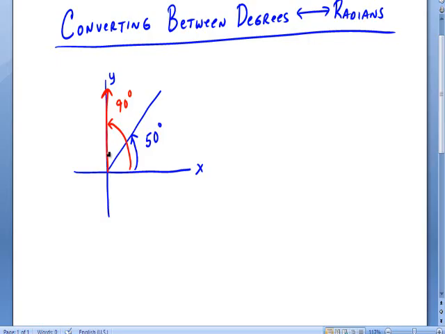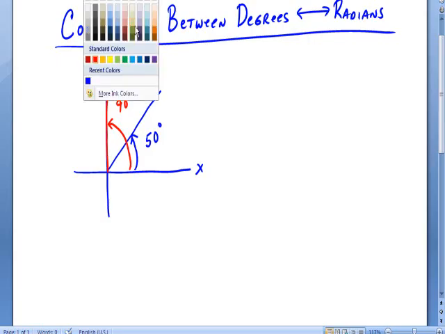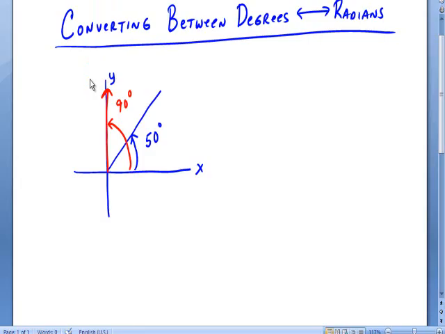Now, radian measure is also used as a way of describing an angle measure, and the conversion between radians and degrees is given by the following equation. 180 degrees is equal to pi radians.